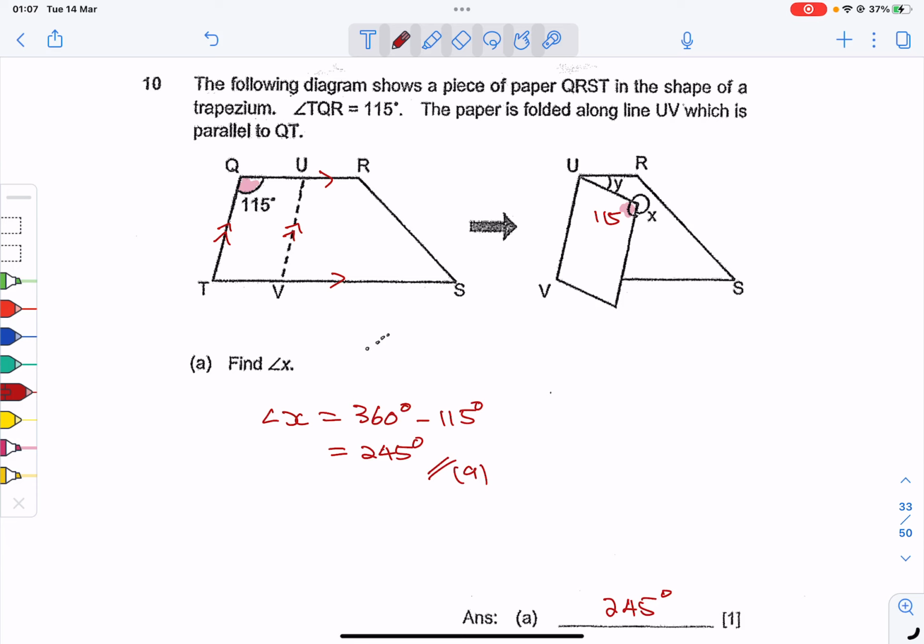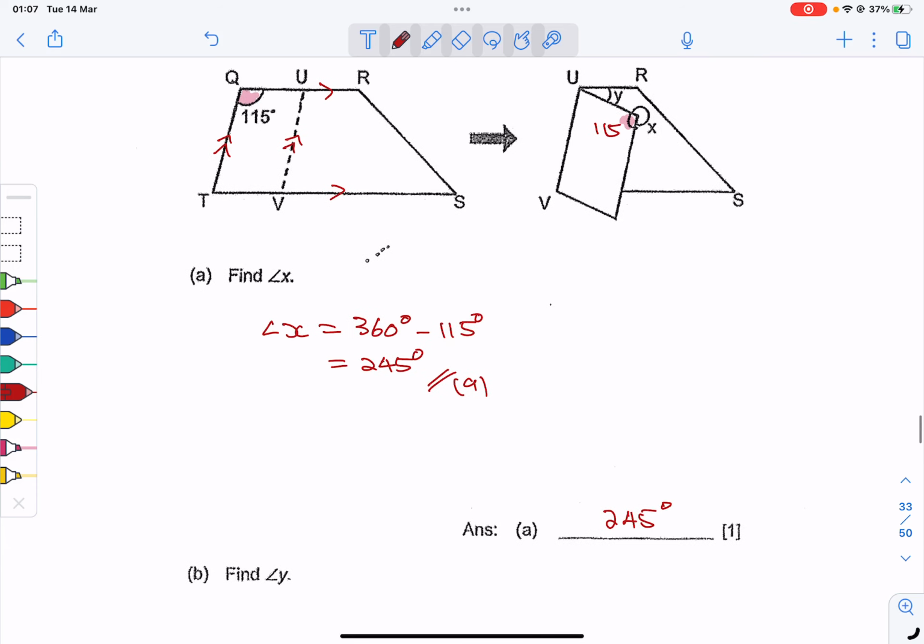Okay, then we'll look further. They want to find angle Y. So to find angle Y, we will unfold this paper, assuming we unfold. Okay, right?